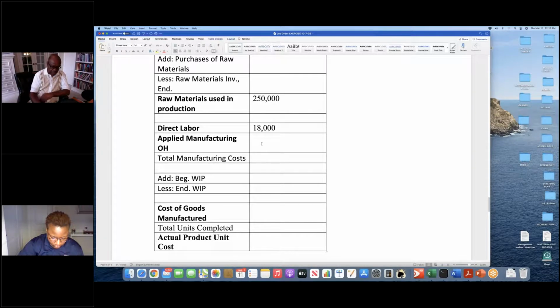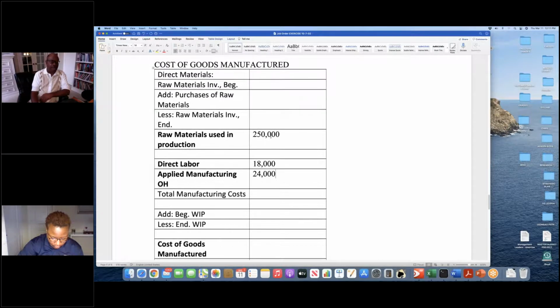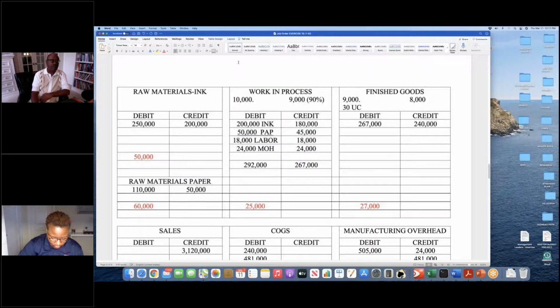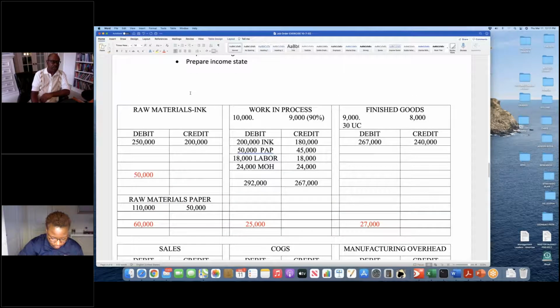So in preparing the statement, key amounts come right from that account. We didn't have any beginning raw materials inventory, but we purchased what? 250 and 110. So that means we purchased 360.